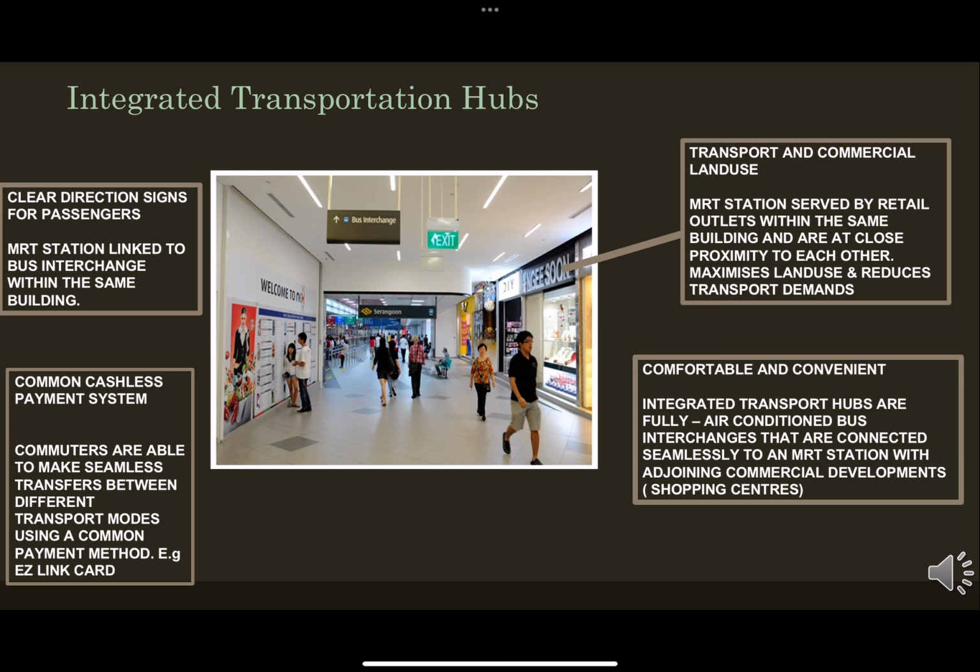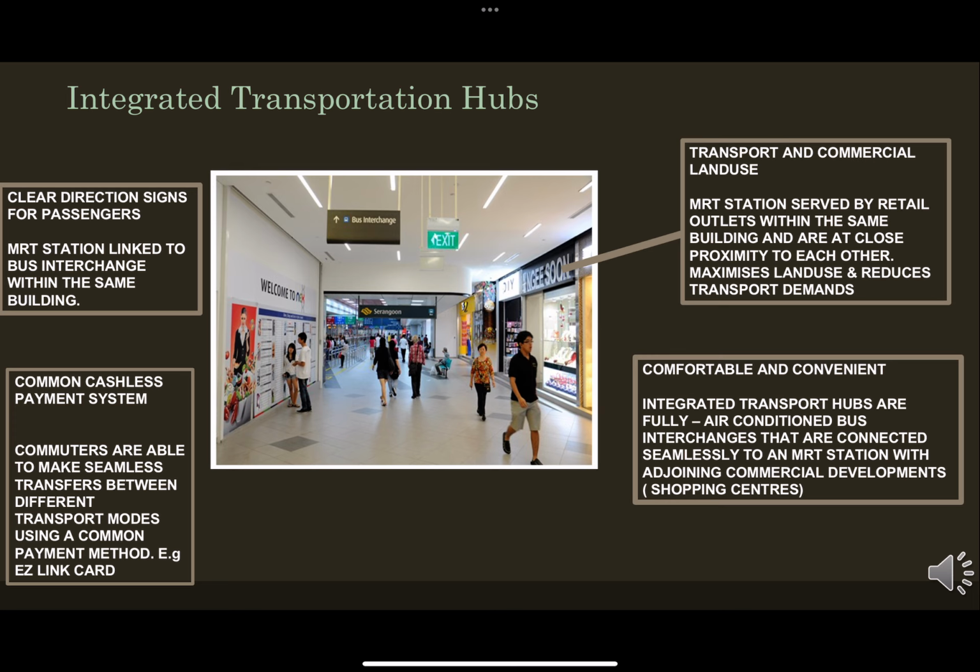Okay, and then the third thing that we see is that there is also an integration of the transport and commercial land use in this case, because within the MRT stations and sometimes even within the bus interchanges, you do see that they are served by retail outlets at the same place or at close proximity to each other. What it does is that it maximizes the land use and reduces transport needs to go for commercial purpose.